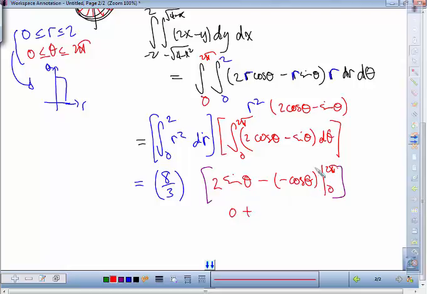Put 2 pi into cosine, you get 1. Put 0 into sine, you get 0 again, and cosine of 0 is 1. So this is 1 minus 1, which is equal to 0. Looks like this is 8/3 times 0, right?